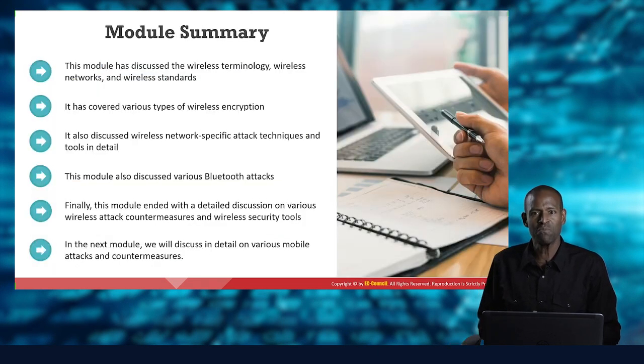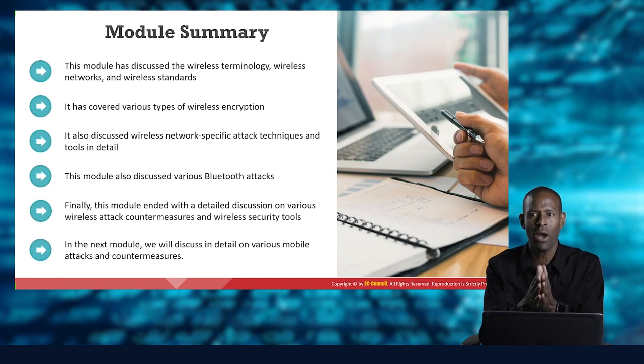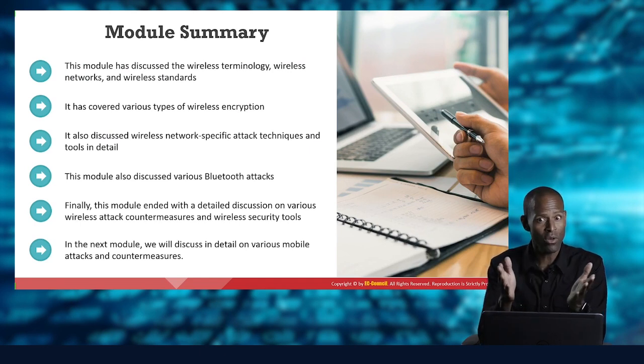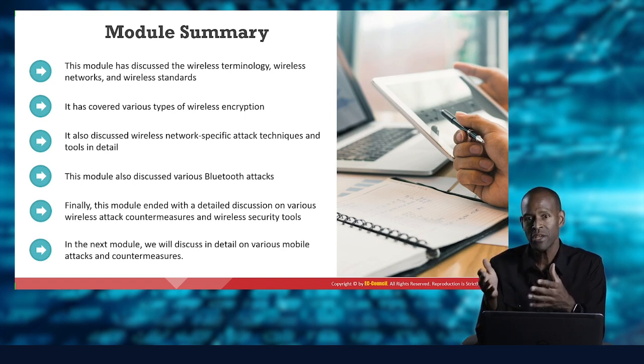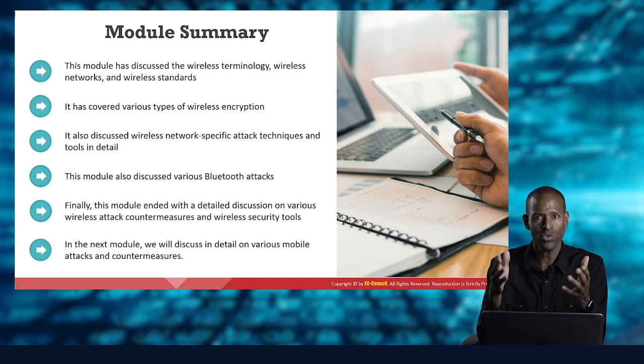All right, so what we've seen in this module is there's a lot to think about with Wi-Fi, with wireless in general. When we think of wireless, usually the only thing we think about is Wi-Fi. Usually the only thing we think about is pre-shared keys, but in reality, there's 802.1x and RADIUS for logins. There are all kinds of protocols and encryption that you can use to secure Wi-Fi.